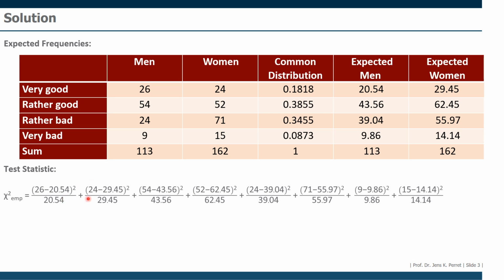Now I'm going to do this for the next one, here for the women. I have 24 actual minus 29.45 expected, squared, divided by the 29.45 expected. And I'm doing this for all 8 entries. So here I have 8 different terms.